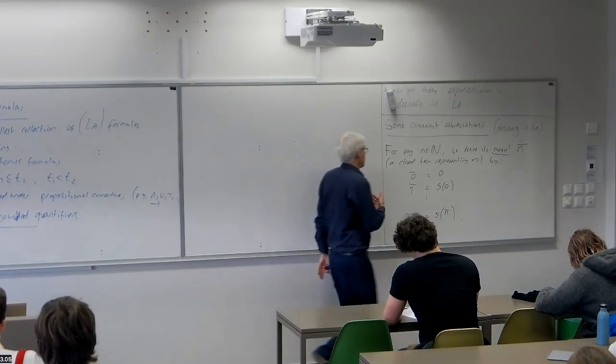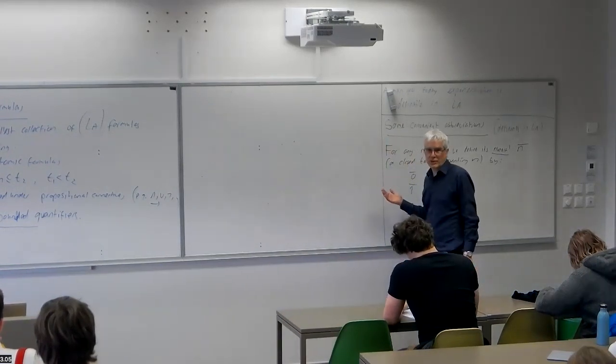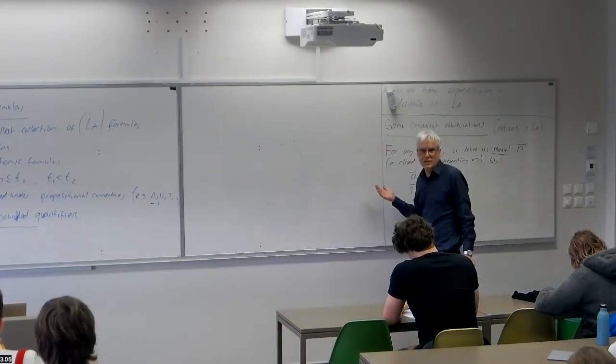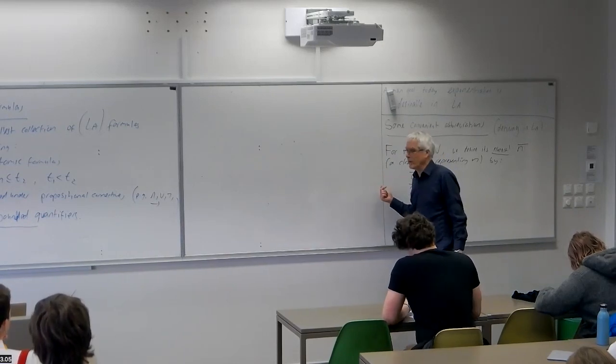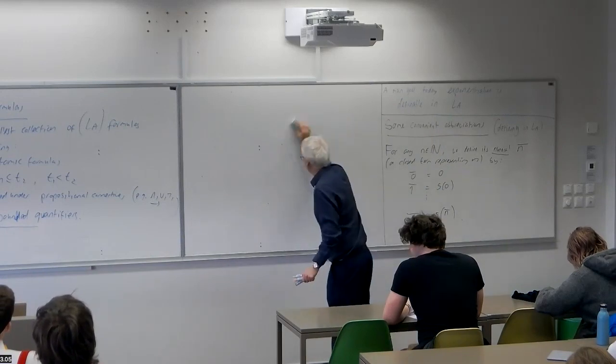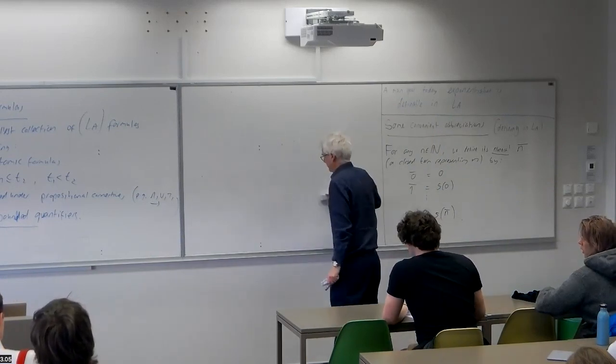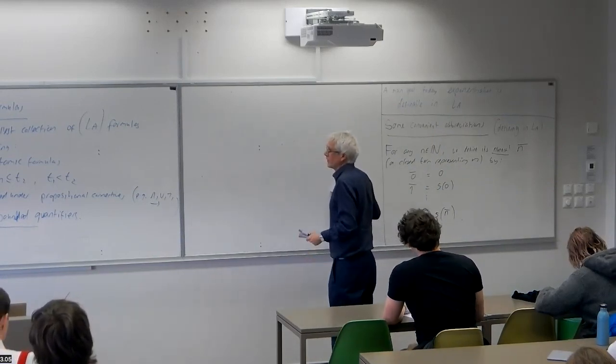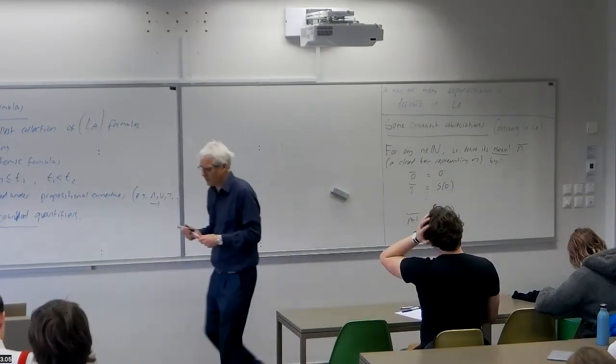Whereas the graph of the exponential function, which we're going to show has a representation, is not something that you can decide in polynomial time. So it can't be defined by a delta zero formula. I think that's correct, what I said.